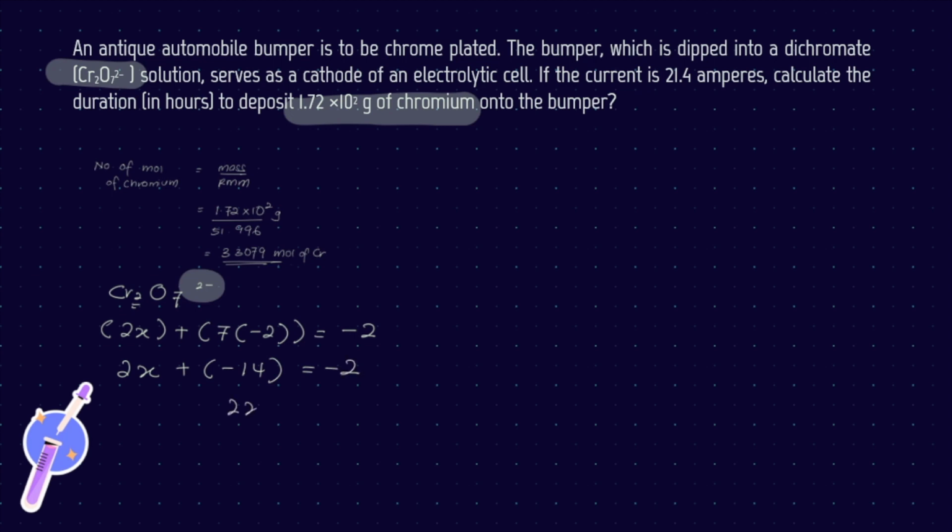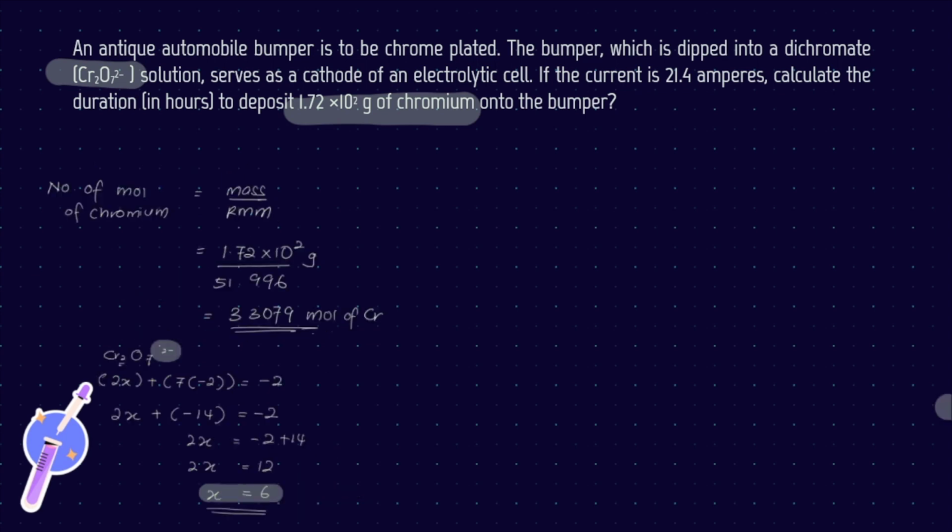So 2x is equivalent to negative 2 plus 14. So 2x is equivalent to 12 and your x is equivalent to 6. This means that your chromium oxidation number is positive 6.